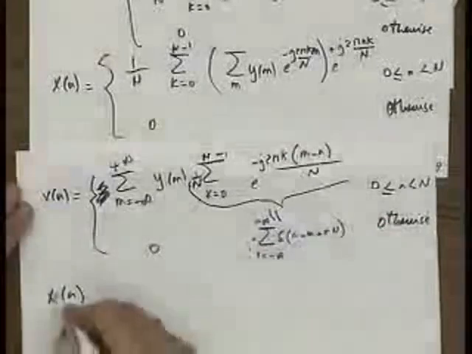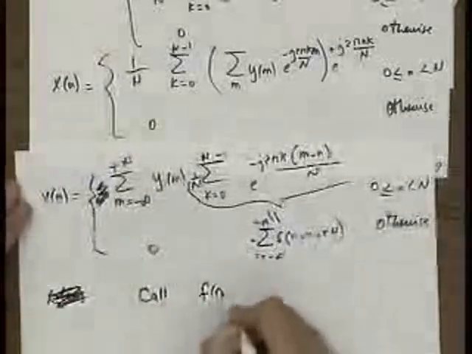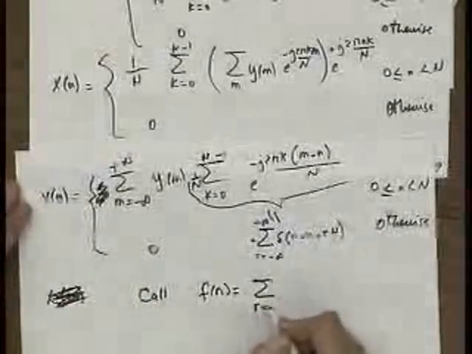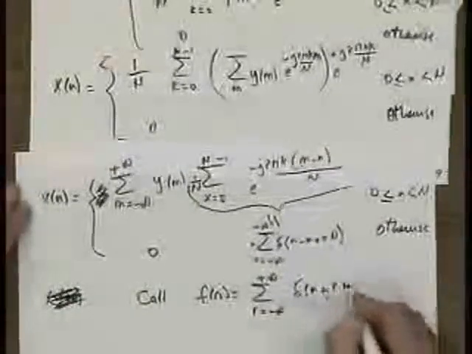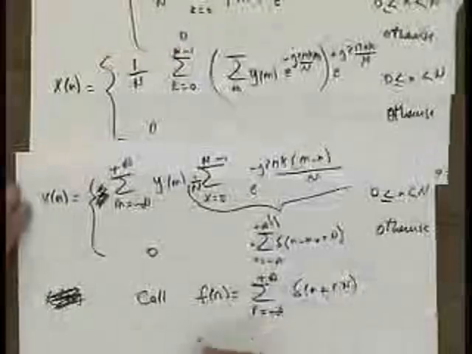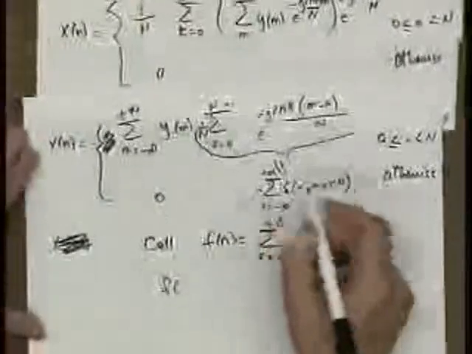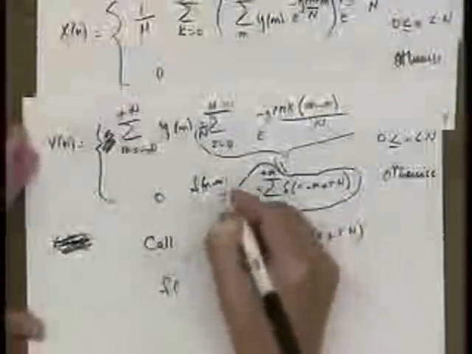So I'm going to do a little notation. I'm going to call f of n just the basic summation of R from minus infinity to infinity of delta of n plus Rn. If that's what f of n is, then this here is nothing but f of n minus m, right? If I call this f of n, then this thing is just f of n minus m.